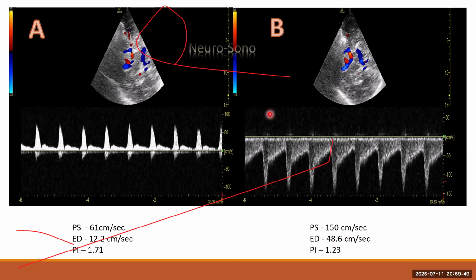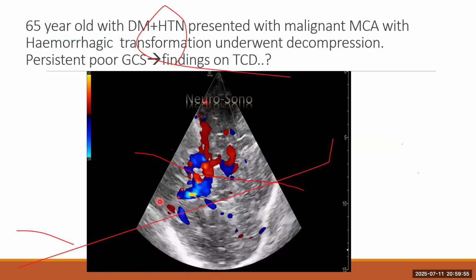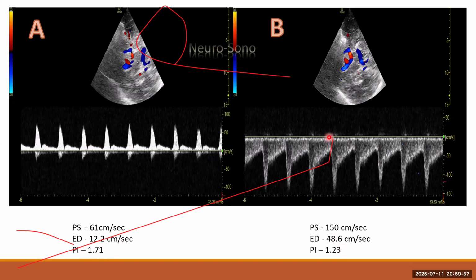So can anyone interpret this? This is the same image as this. This is what we have insonated, and these are the values which we have obtained. Can anyone tell the conclusion of this? Or let's say, what does this mean?